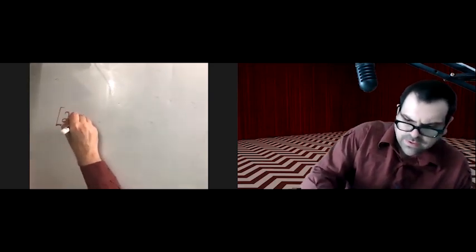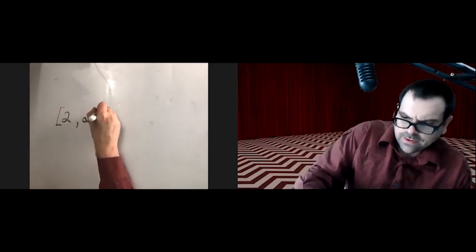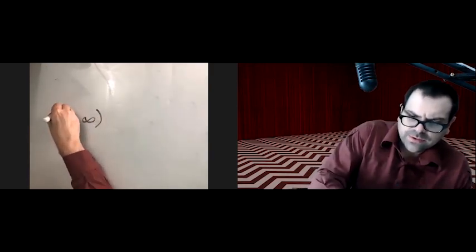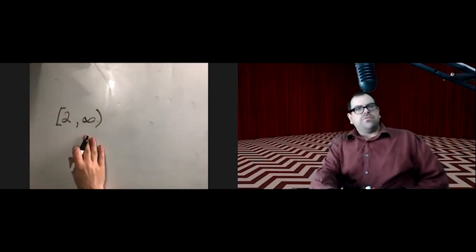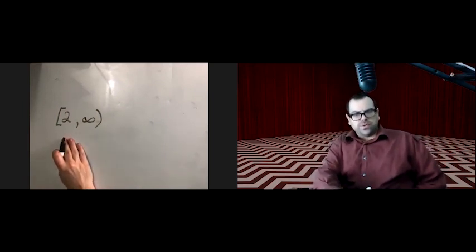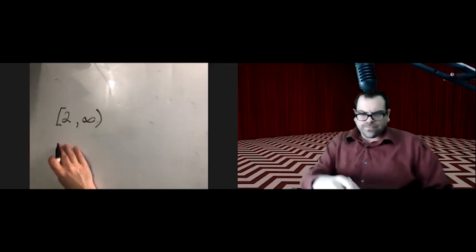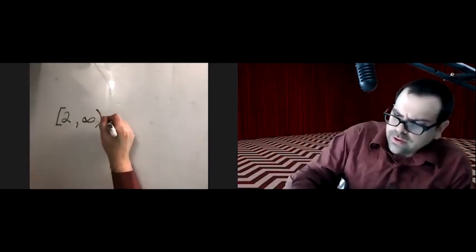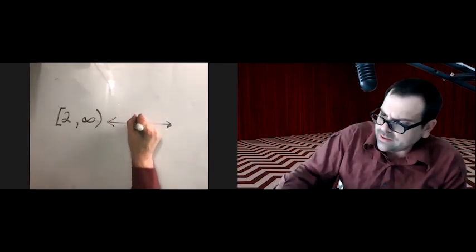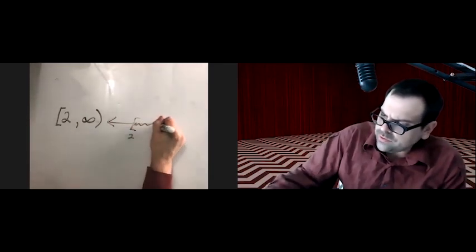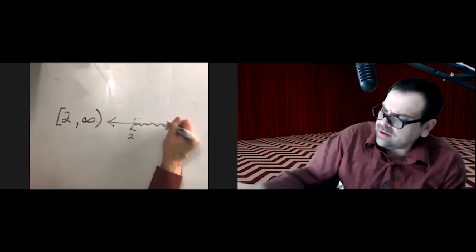What about this one? What's this one in words? Well, we have the interval from 2 to infinity, including 2. On a number line, we'd recognize this from 2 to infinity.